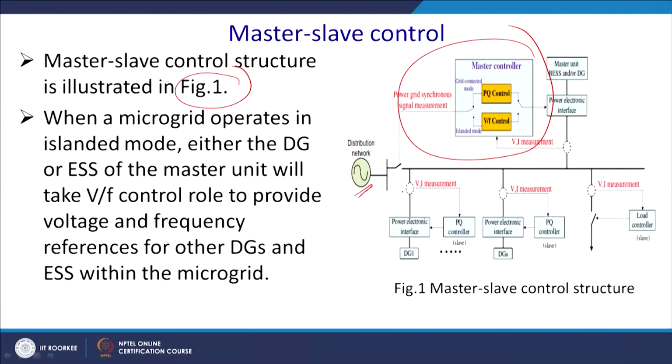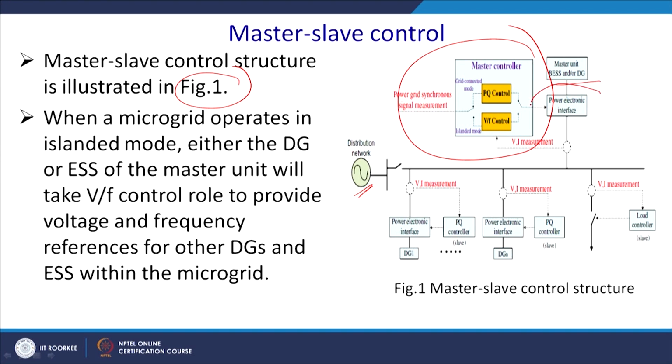If it is in grid connected mode, then it will go for the PQ control mostly, but there can be some exceptions, and if it is in the islanding mode, it will go for the V/F control mode, and it will have a master unit of battery and the distributed generations.